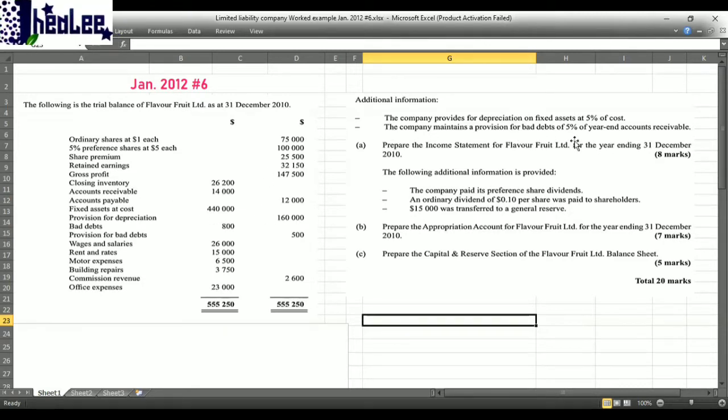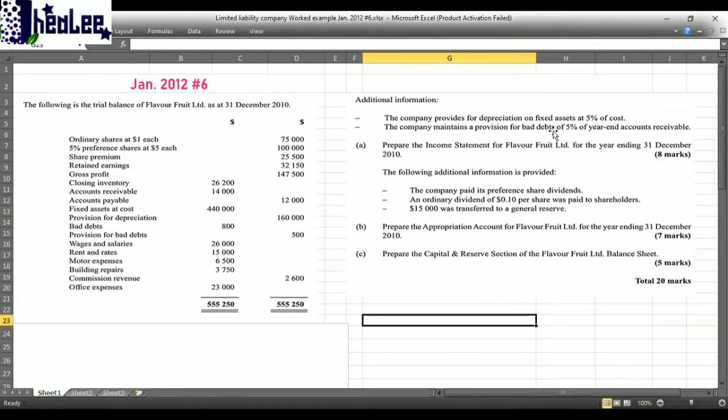The company maintains a provision for bad debts of 5% of year-end accounts receivable. This means that you're to calculate 5% of the accounts receivable, and that will give you the balance of provision for bad debts. But remember, you need to determine whether it is an expense or a revenue based on your calculation.